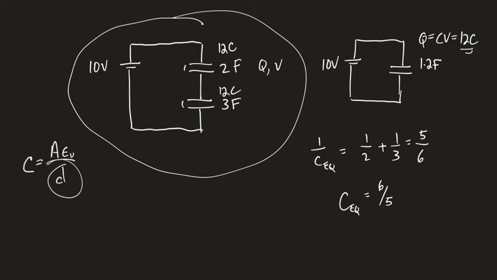The battery was presented with 1.2 farads of capacitance. It will respond by supplying 12 coulombs of charge. It doesn't know that there was actually two capacitors there. It provides charge based on the total capacitance that was connected between its terminals. But since capacitors in series have to have the same charge, it must be 12 coulombs on each.